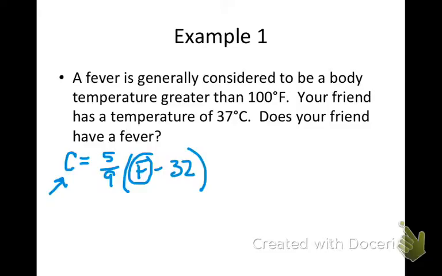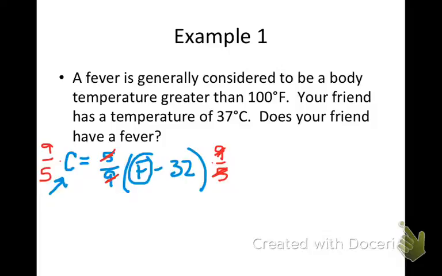So the first thing I can do is multiply both sides by 5/9. Let's try that again. By 9/5, because I'm trying to get rid of 5/9. So multiplying both sides by 9/5, the 5s will cancel, the 9s will cancel.